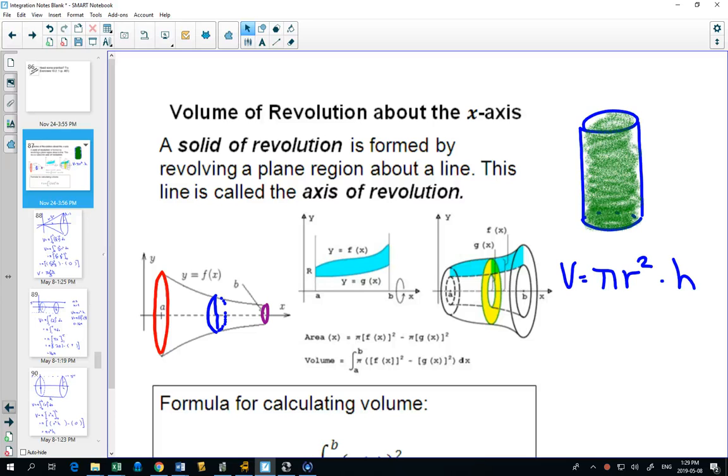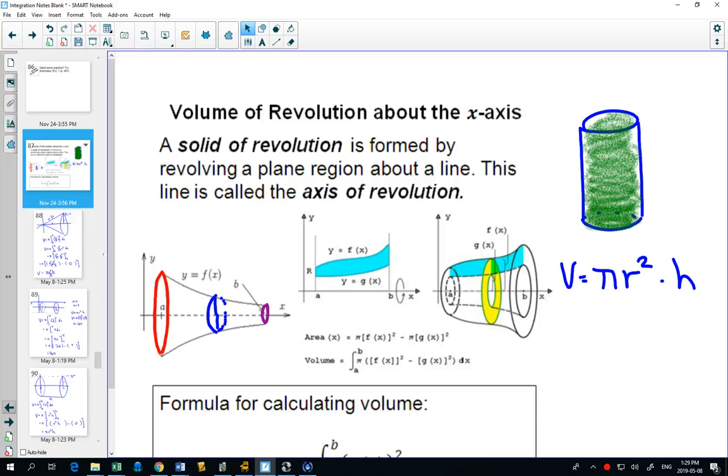And if you can calculate the volume of one shape, and you can calculate the volume of another shape underneath, can you see that if I wanted to calculate the volume of this bell, does that kind of look like a bell?